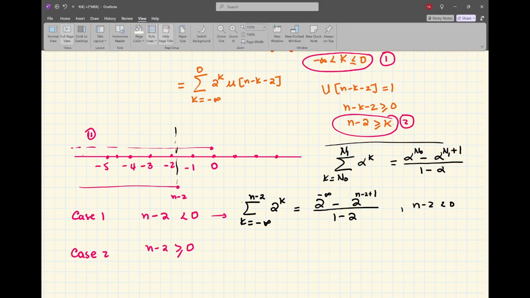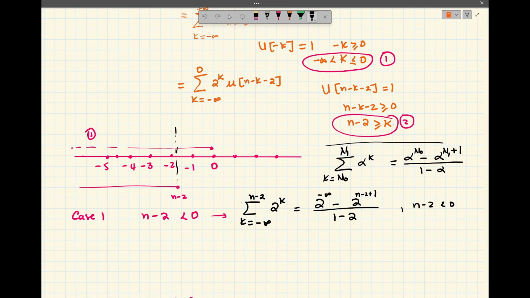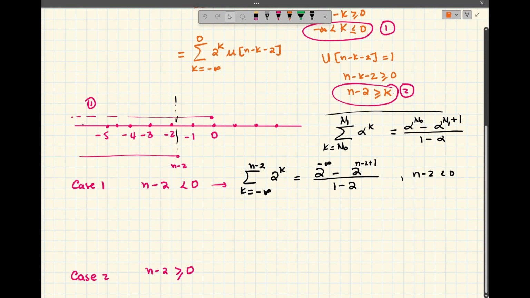Okay, so let me insert some space here. Now, this gives me 2 to the power negative infinity, which is 1 over 2 to the infinity, which is 0, minus 2 to the n minus 1 divided by minus 1.